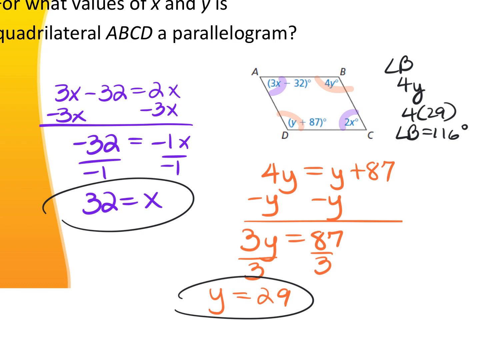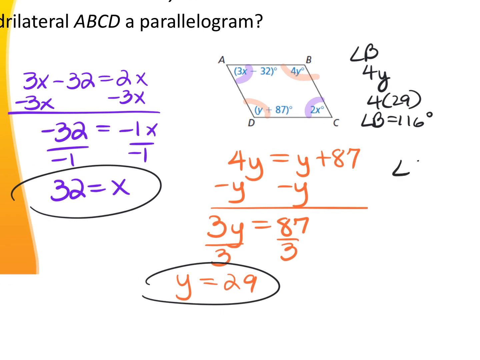And remember, that's going to be the same thing for D. Or if they said find angle C, that is 2X. Remember, X was 32. So 2 times 32, and angle C would equal 64, which is also going to be angle A. So just read the questions carefully when we take the quiz on Thursday.